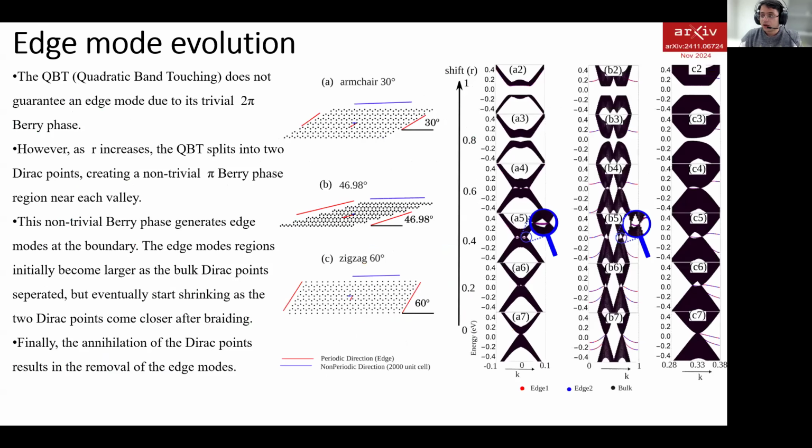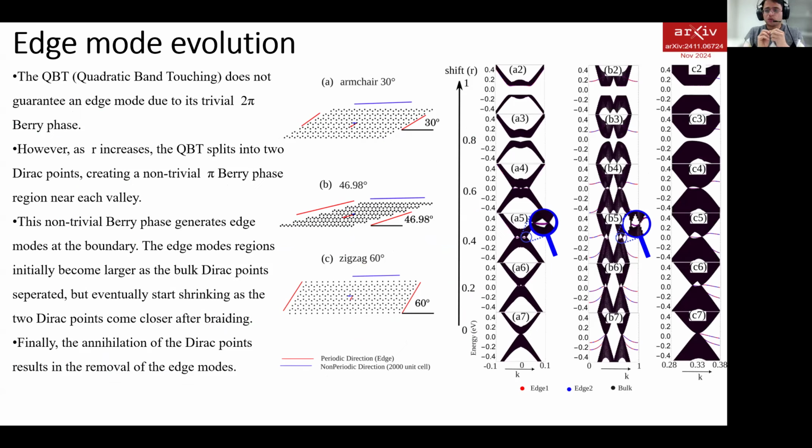So we ask about some consequences, some measurements that we can do, and talk about the non-Abelian procedure. What is the signature of such a process? We found that if we look at the edge mode spectrum, because at the beginning we have a quadratic band touching, and therefore the total Berry phase is just 2 pi, we should not see any boundary mode.